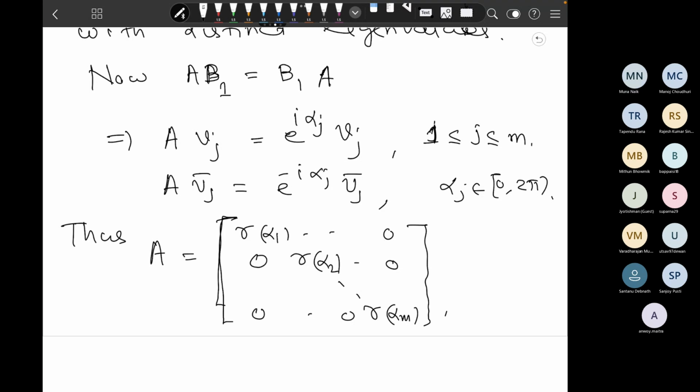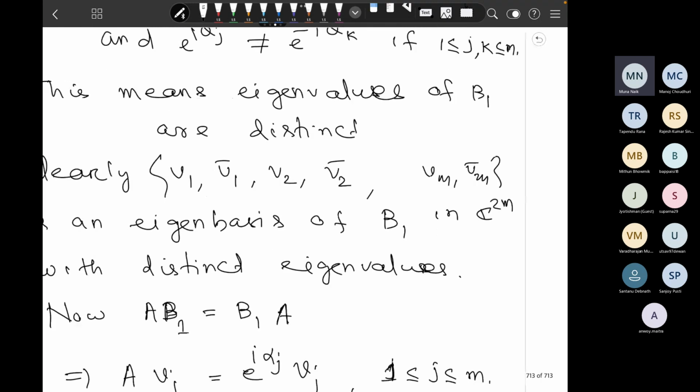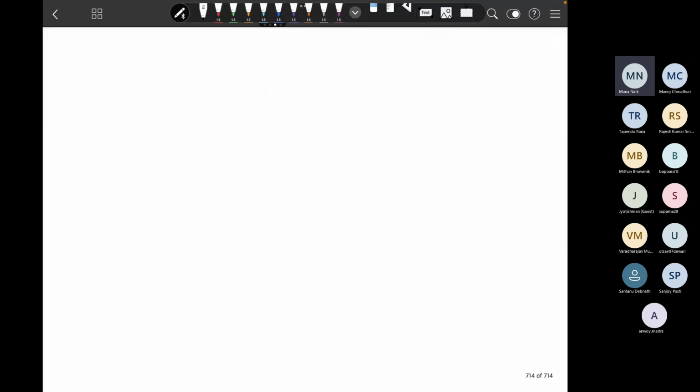So what is our task? Our task is to show alpha 1 is equal to alpha 2, alpha 2 is equal to alpha 3, and so on up to alpha m. How do you show alpha 1 is equal to alpha 2? You apply the same method which you used in the case of U N.